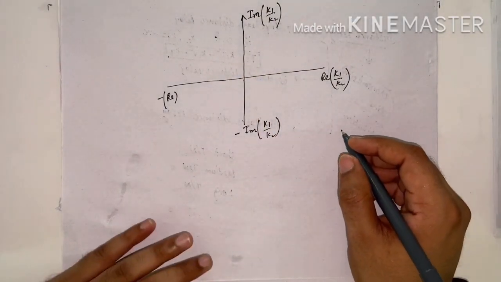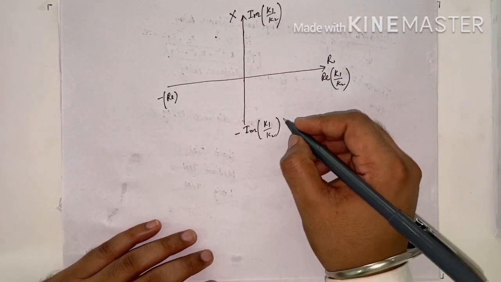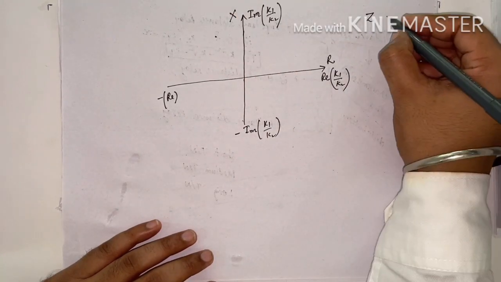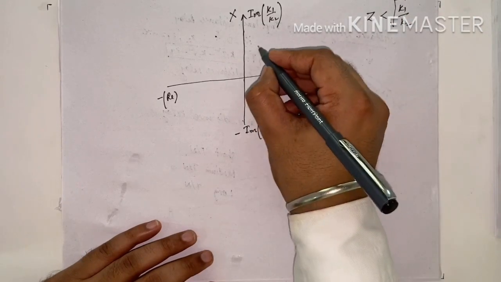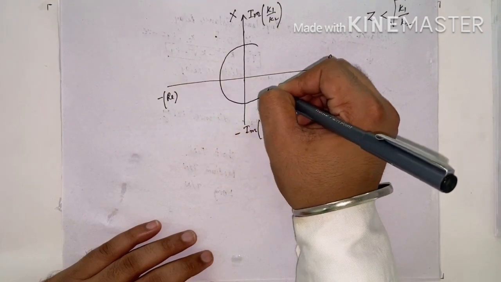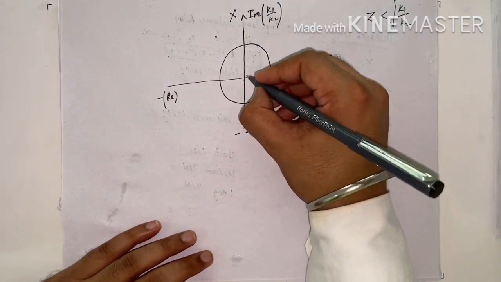Now we consider this is the resistance and this is the reactance. Now the value of Z is less than root K1 by K2, so we can get a circle. This is the locus.